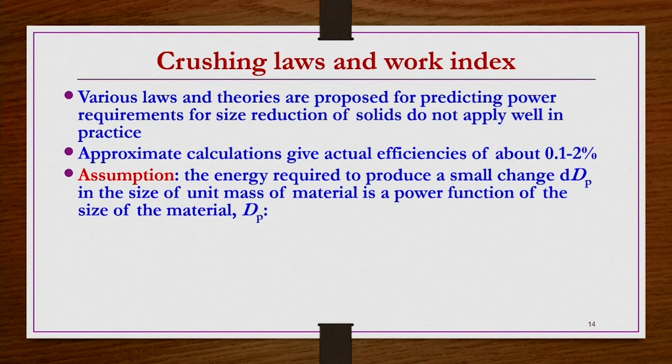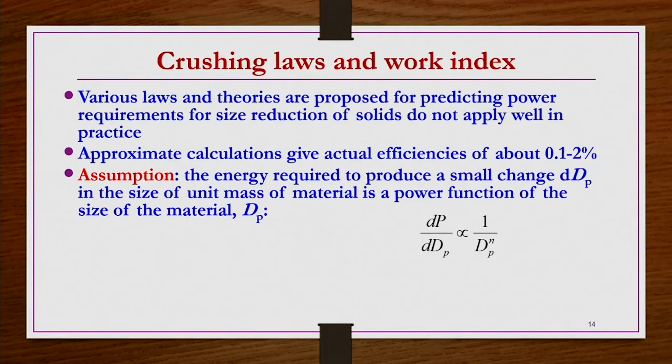To bring that small change, how much power is required per unit mass? That power requirement per unit mass is a power function of the particle size, that is dP by dDP is proportional to 1 by dP power n. This is a generalized assumption.